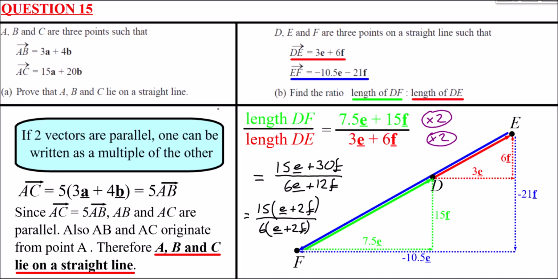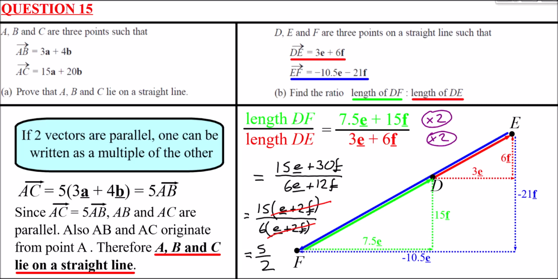Now, because we've got a factor of e plus 2f on the top and the bottom, we can cancel that. So we're just left with 15 over 6. And of course, 15 over 6 we can simplify because both 15 and 6 are divisible by 3. So 15 divided by 3 is 5. 6 divided by 3 is 2.